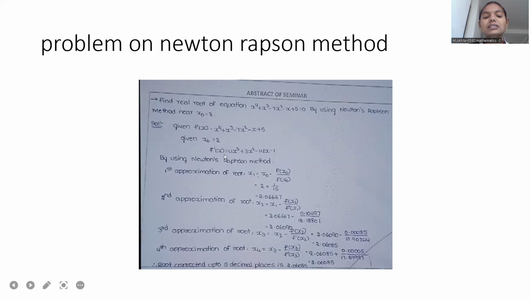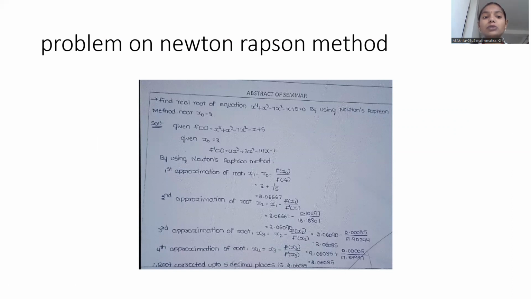F dash of x is equal to 4x cube plus 3x square minus 14x minus 1. The derivative of x power 4 is 4x cube, the derivative of x cube is 3x square, the derivative of 7x square is 14x, and the derivative of minus x is minus 1. As the derivative of a constant is 0, the derivative of plus 5 is 0.